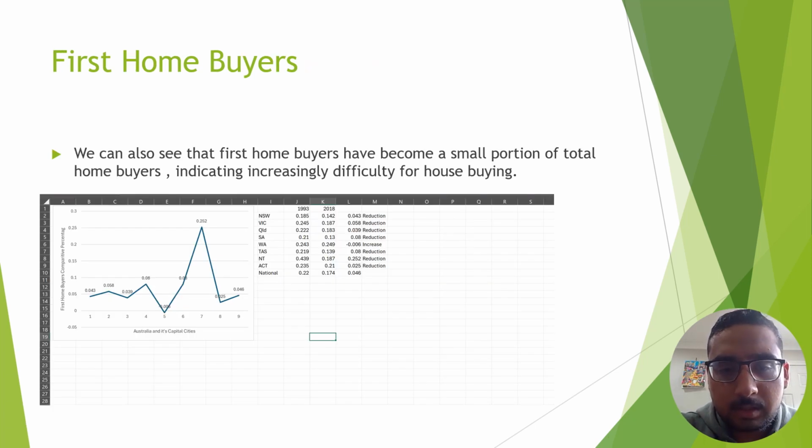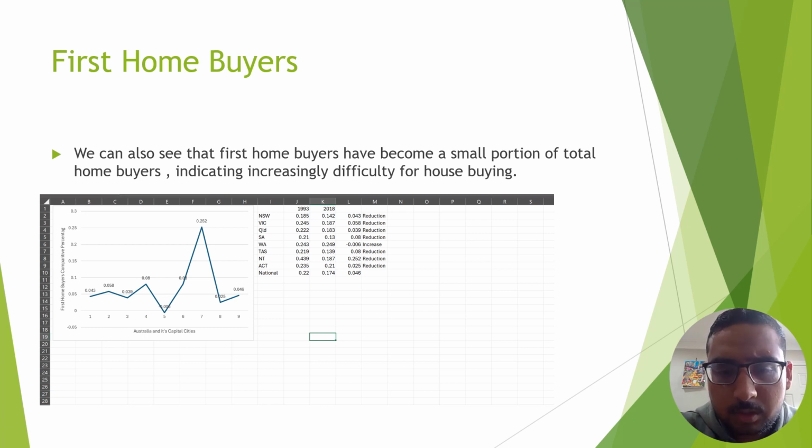Now we see a graph on the first home buyers percentage between 1993 and 2018. This graph is kept to before COVID to make sure that the data is more reliable. We can see that most of the states in Australia have had a reduction in the first home buyer proportion out of the total home buyers.